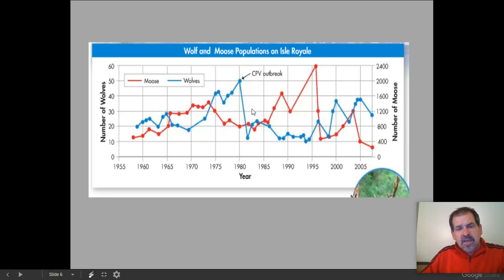The point is that we have an intricate relationship between the moose and the wolves, and we have this best fit line right around here for the carrying capacity. The number of moose has a different scale than the number of wolves, but that's really immaterial. What we're looking at is a graphical relationship between predator and prey populations and their approximate carrying capacities.